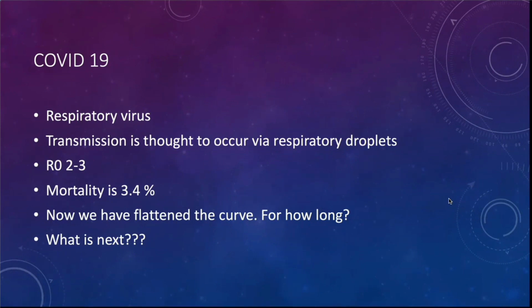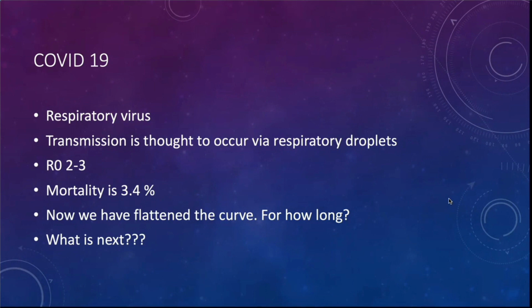The mortality, according to the World Health Organization, is 3.4%, but that depends on the population, the age population that you're looking at. And now, with all the measures that we have taken, we have flattened the curve, but for how long? That is a question that still remains.